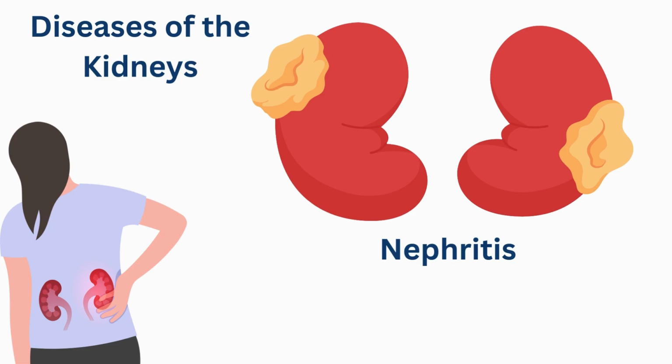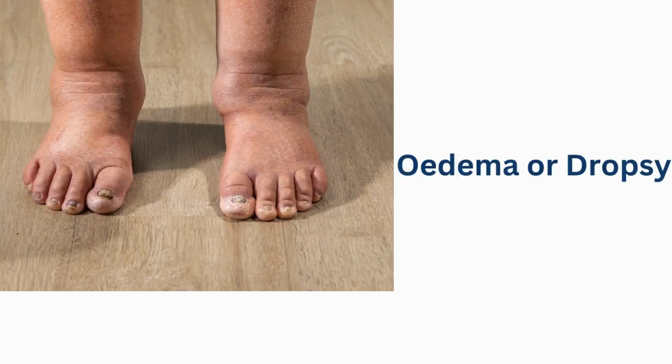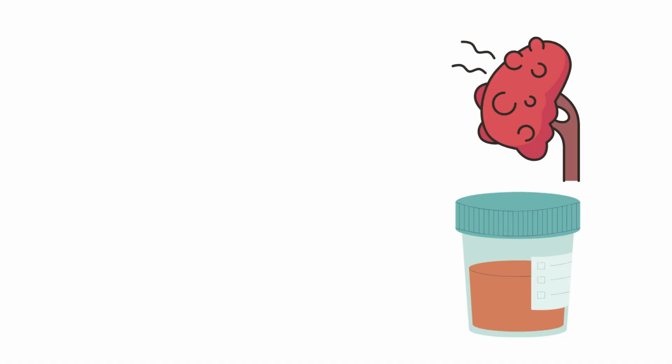Nephritis is a condition in which the blood vessels in the Bowman's capsule become inflamed and porous, as a result of which they cannot carry out the function of ultrafiltration completely. This will result in the passage of most of the useful materials in the blood fluid with the urine.